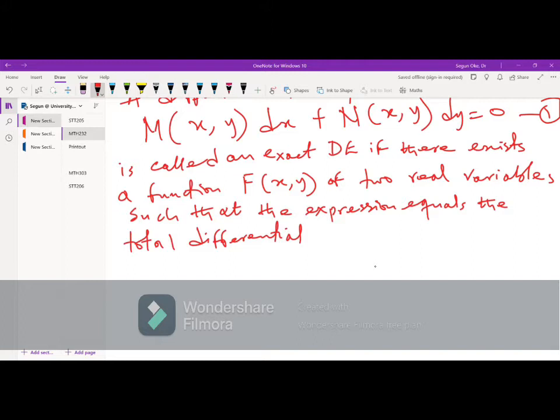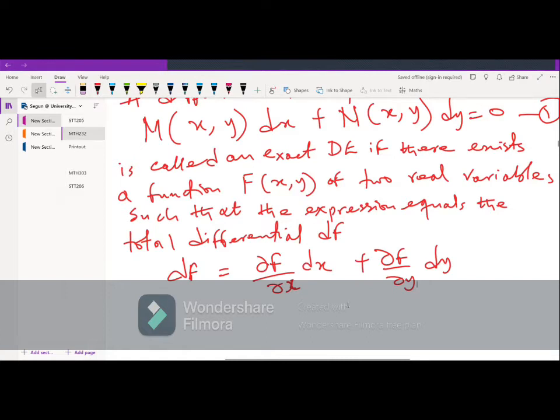You remember total differential. We have partial differential, so let's say we have df, the total differential of f. At this point we are having partial derivatives. Anytime you have more than one variable, that's when you use partial derivatives. So df = ∂f/∂x dx + ∂f/∂y dy.